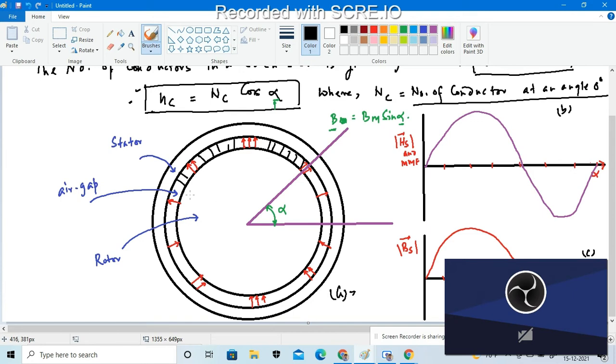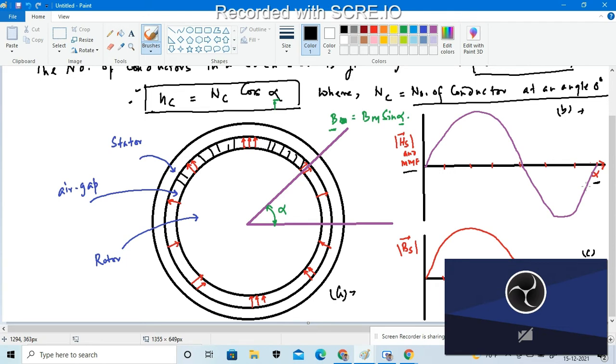Figure B signifies the magnetomotive force, the MMF, or the magnetizing intensity, as a function of the angle in the air gap, which will vary sinusoidally.